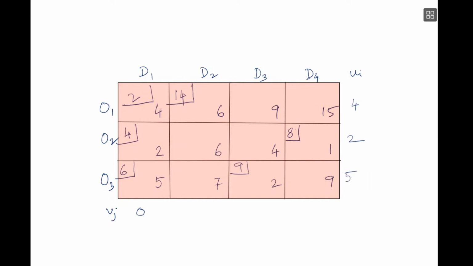And then V2 will become 2, V3 will become minus 3 and V4 will become minus 1. So the cell evaluations will be 4 minus 3 minus 9. It is minus 8.